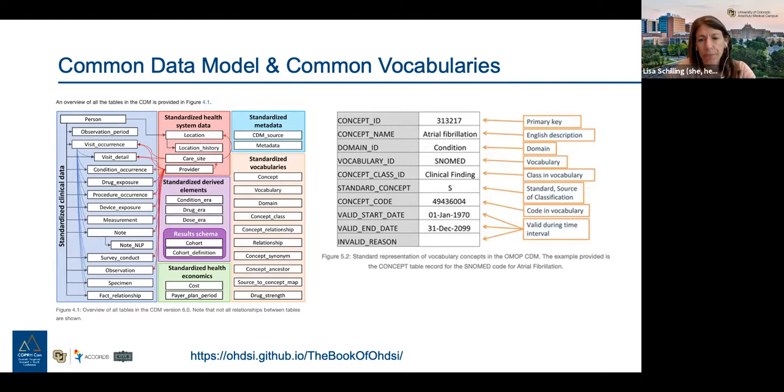So the table on the right that you see now, if you go down to where, let's see, I'm going to try to put my cursor here on the concept code, this 494, that would be an internal code for AFib that is based on SNOMED. But what we don't know is that another site may actually store this concept of AFib completely differently. So this is where there has to be some harmonization about the codes that are within the systems and what they mean, and then actually translating that to a common code.